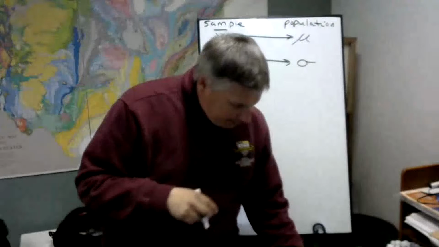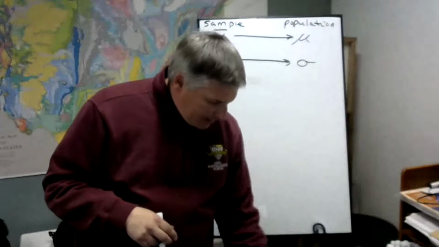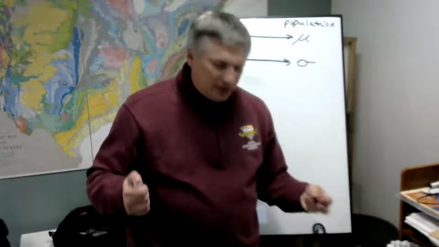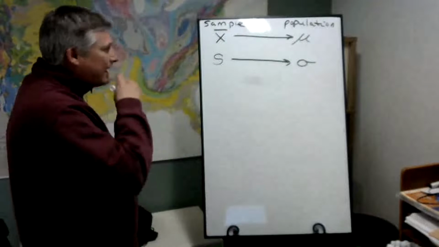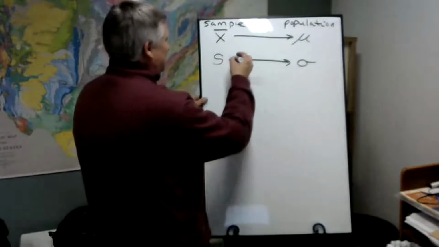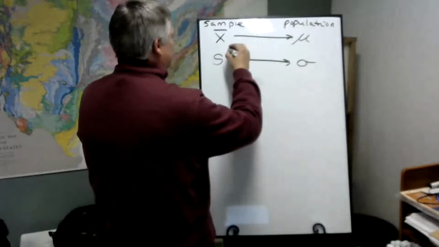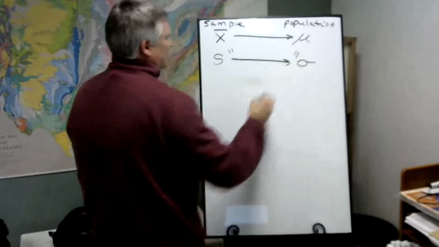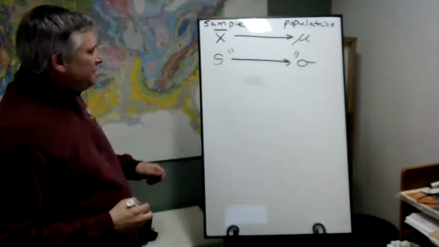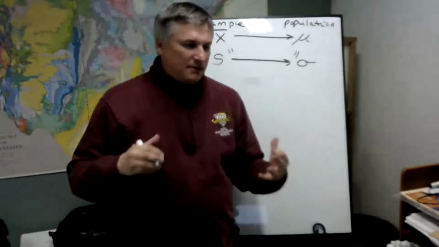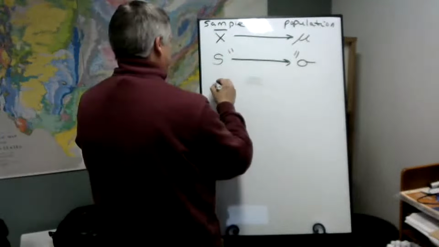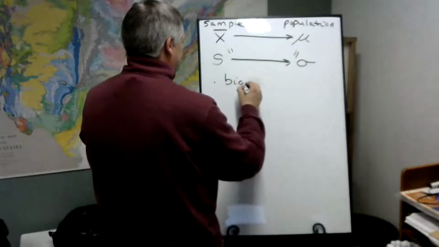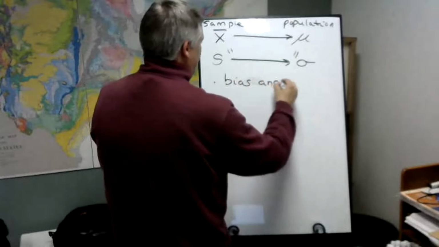Now, there's something important about these. I mentioned it in the last talk. It was about bias. And bias is basically this, and I want to be careful here, I'm going to put this in quotes. If you take a whole bunch of samples and calculate the means, we're going to talk about bias and X bar.